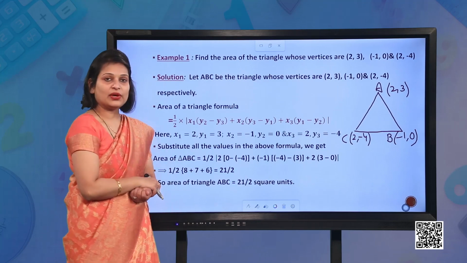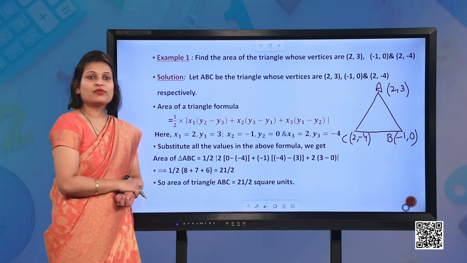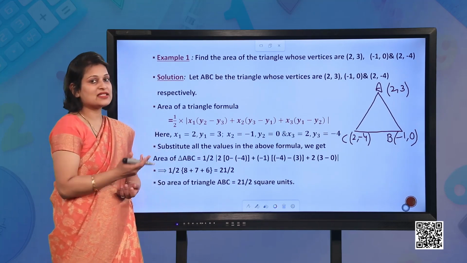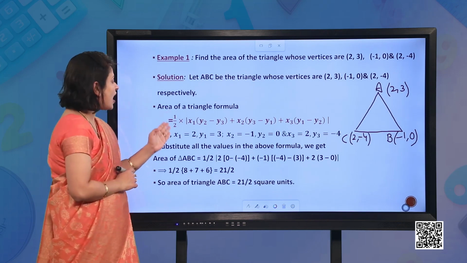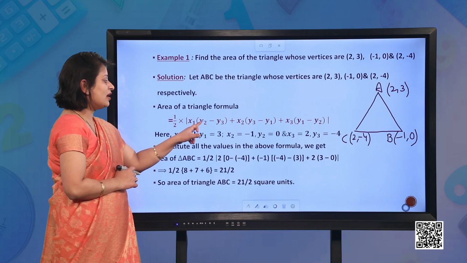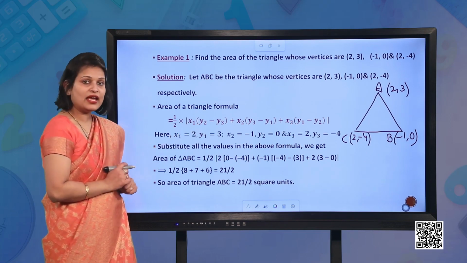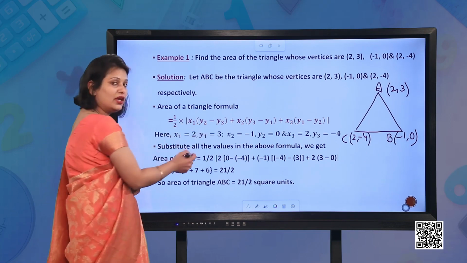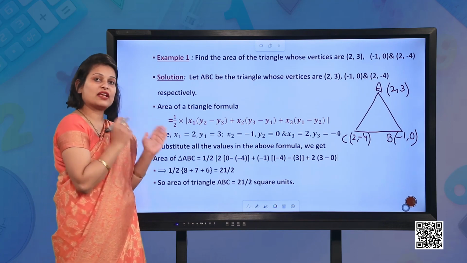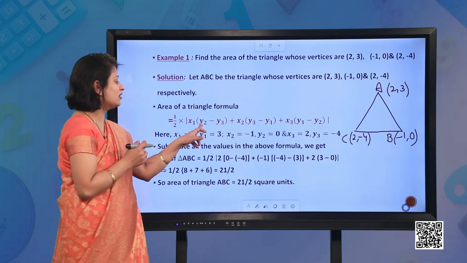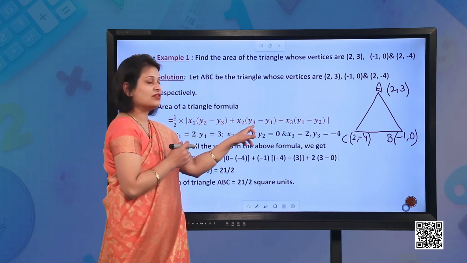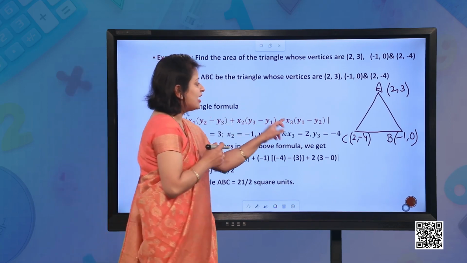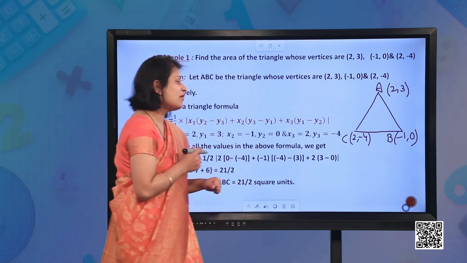Now, how you will calculate the area of triangle ABC? By simply applying the formula which we have just learned. This is half into x1 (y2 minus y3). As I told you, 1, 2, 3, you have to take the value of x coordinate as 1. Then you have to take the values of y as y2 minus y3. Then x2 (y3 minus y1) plus x3 (y1 minus y2).